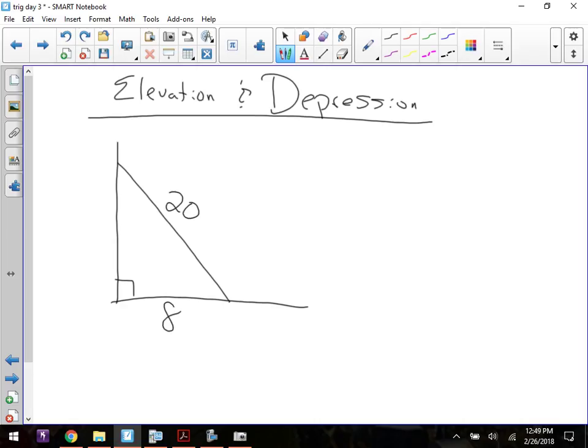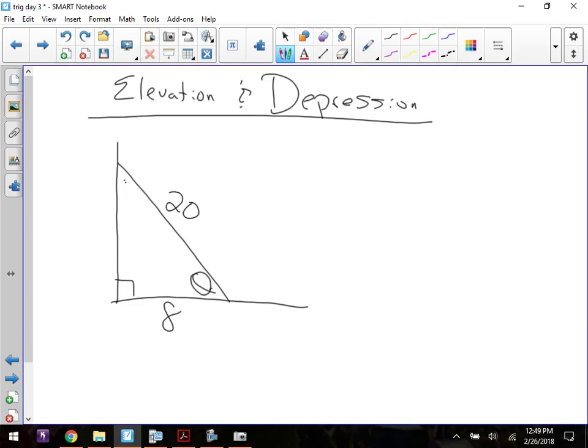And it asks you to find the angle of elevation. Is that the top angle or the bottom angle? Bottom. What trig function do you use? You use cosine in this case because you've got the adjacent and your hypotenuse.